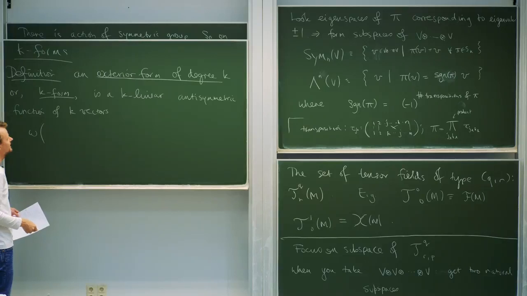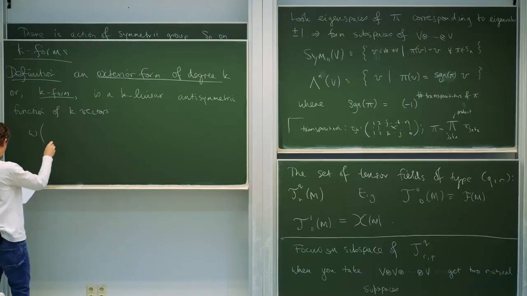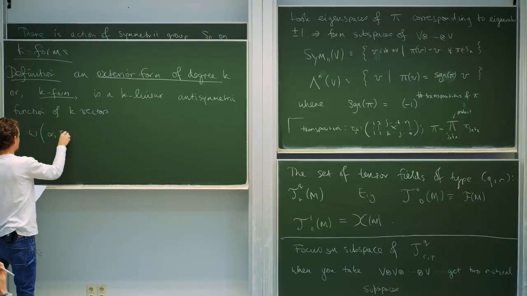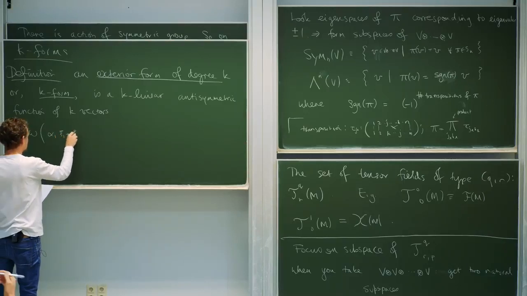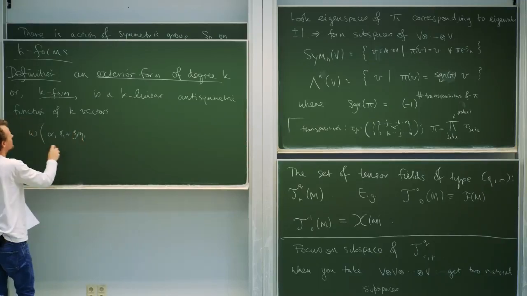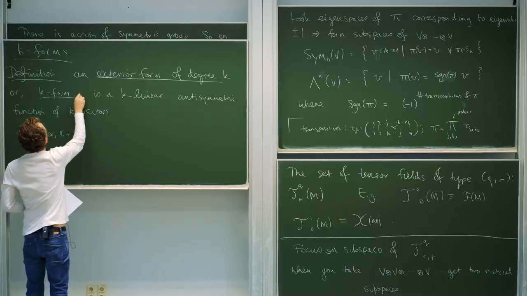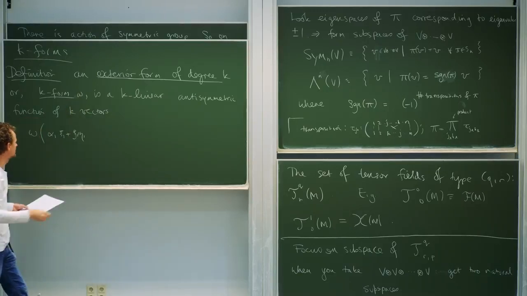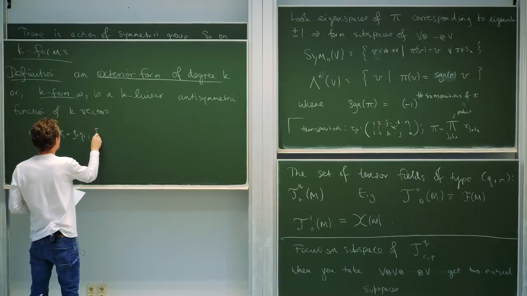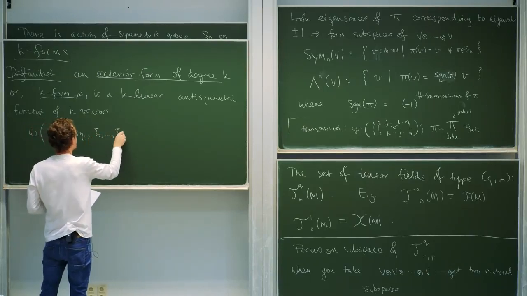A k-form is a k-linear antisymmetric function of k vectors. What do the words k-linear antisymmetric mean? Well, it means if you take the linear combination of two vectors and then you take the action of your k-form omega on those vectors, then it behaves linearly but antisymmetric under exchange of the arguments.